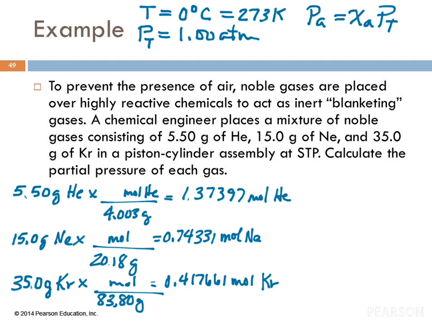How do I calculate a mole fraction? I need to add them all up to find the total number of moles, which is, if I was using my HP, I could do, but I'm not, so alas. I'll have to do it the hard way.